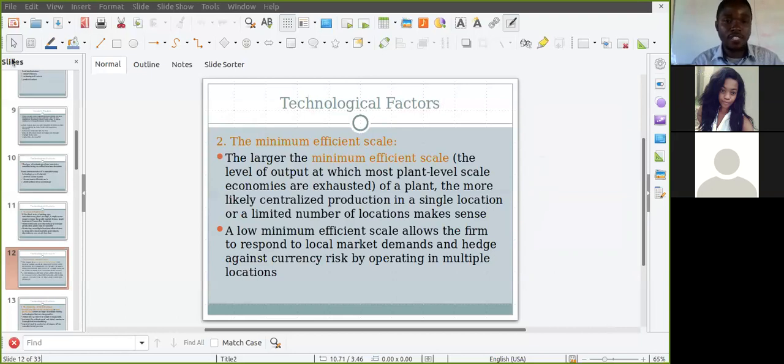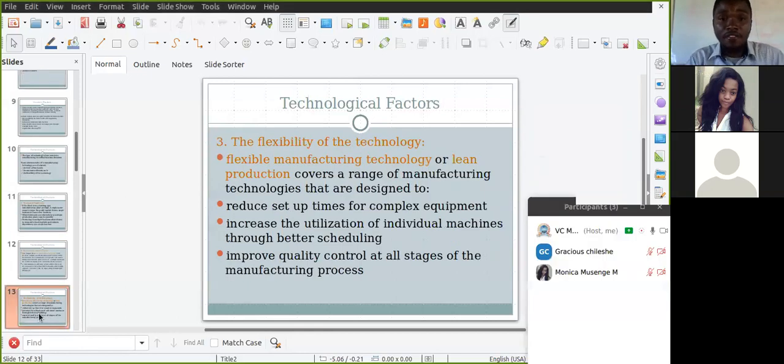So like I said, the efficiency is when you're using a low cost way in producing maximum output. The flexibility of the technology. Flexible manufacturing technology or lean production covers a range of manufacturing technologies that are designed to reduce the setup time for complex equipment, increase the utilization of individual machines through better scheduling, and improve quality control at all stages of the manufacturing process.